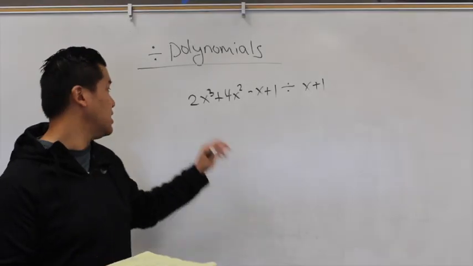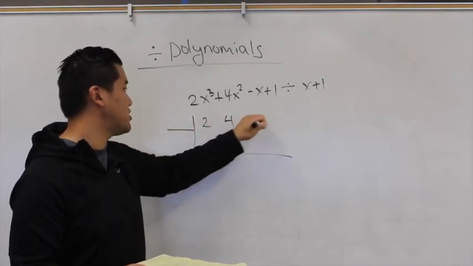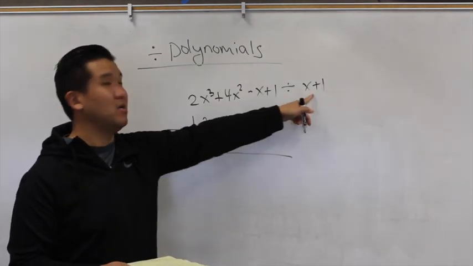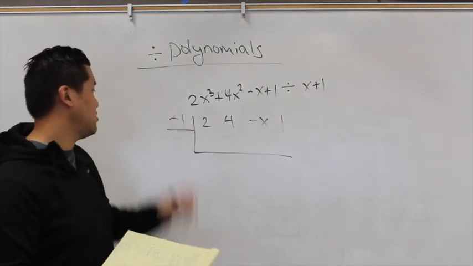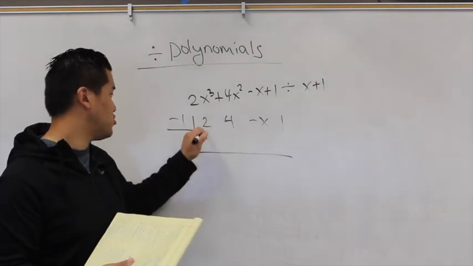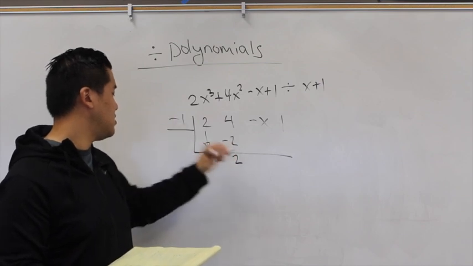All right, let's take a look. So we have synthetic, you drop your values down. We aren't missing any variables. Remember, it's not 1, this is my factor, so what's my x-intercept would be negative 1. We'll talk about why I keep saying x-intercept later on. And then we drop the 2. Multiply, add, multiply.